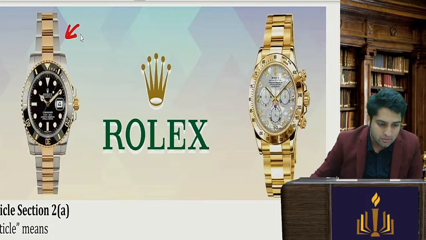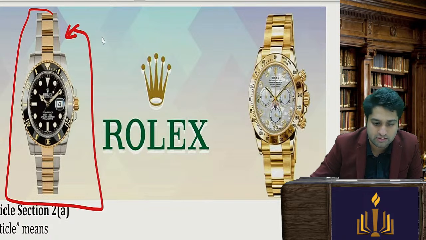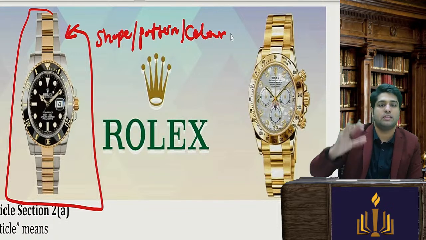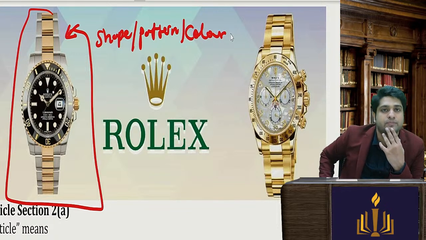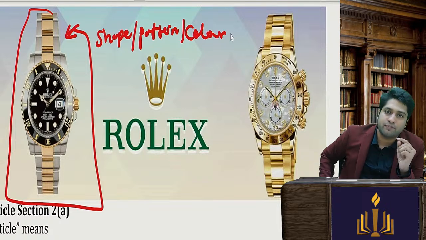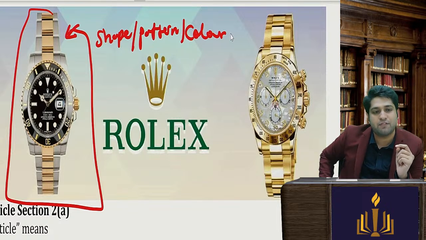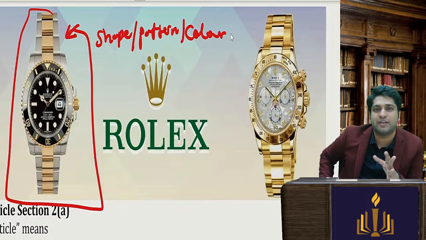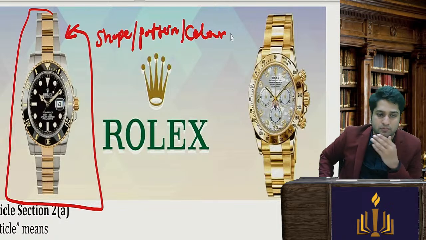Okay, now look at this shape that I'm talking about. I'm talking of the shape, I'm talking of the patterns, I'm talking of the color codes on this particular watch. So Rolex would have registered itself first in the Designs Act, and if anyone tries to make a counterfeit product or makes a deceptively similar design, they can sue.